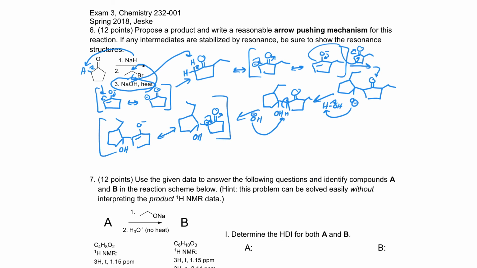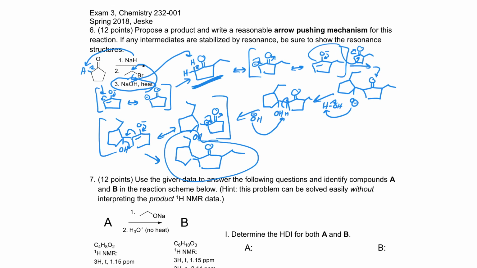So that's my resonance stabilized anion. And finally, I can eliminate OH minus. That leaves me with this product, the aldol condensation product. This is the product that I was looking for for full credit.